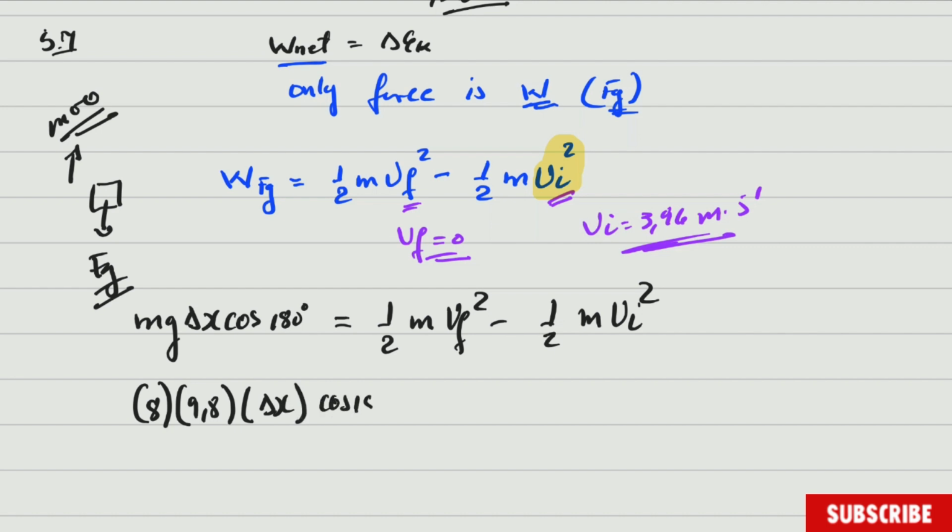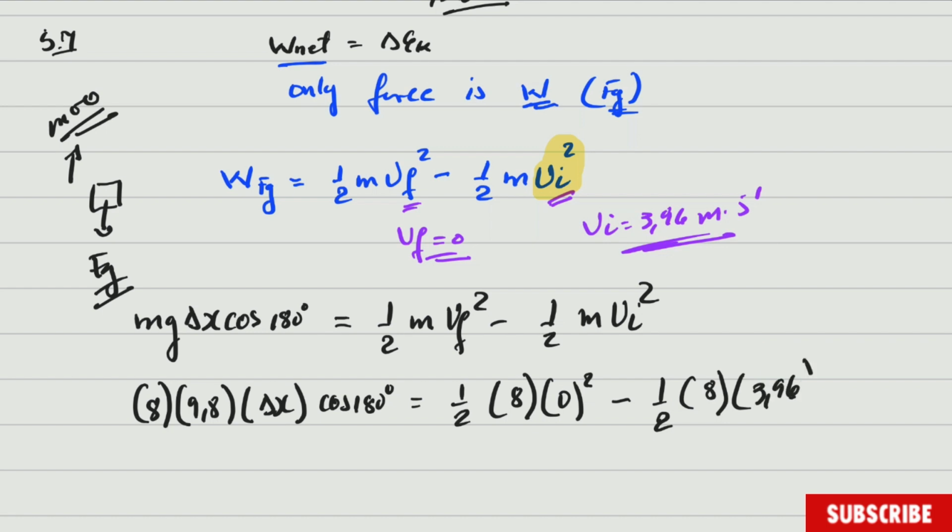Cos of 180 degrees is equal to half mass, which is 8, the final velocity is 0, speed squared, minus half mass, which is 8, multiplied by the initial speed, which is 3.96 squared. Guys, here is some calculation we have to do right now.